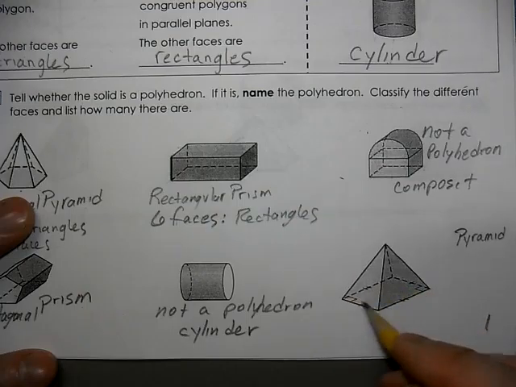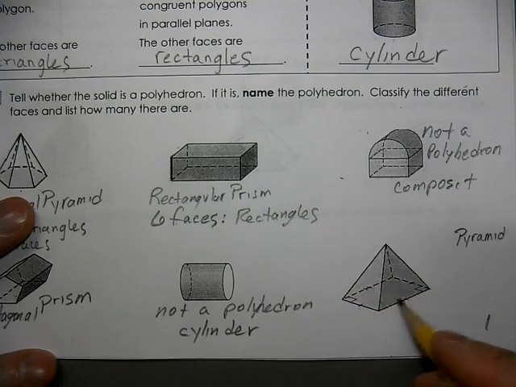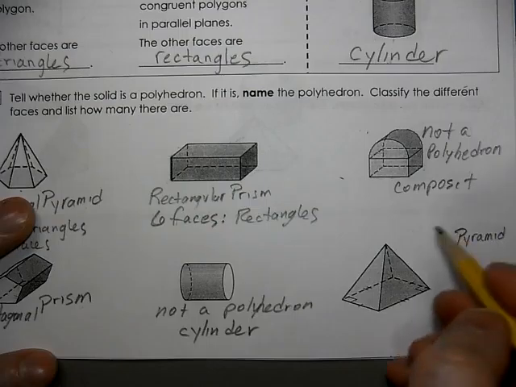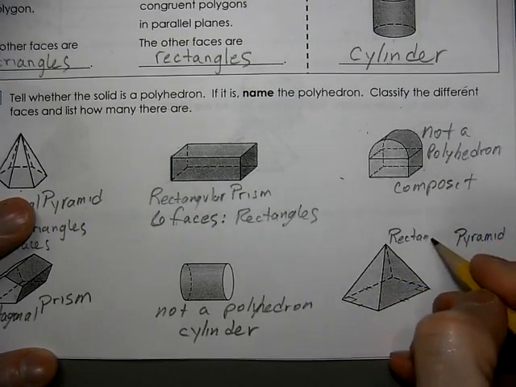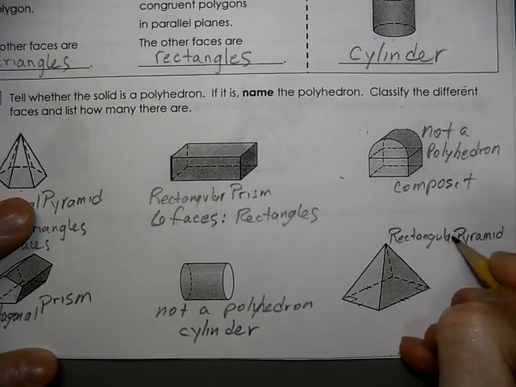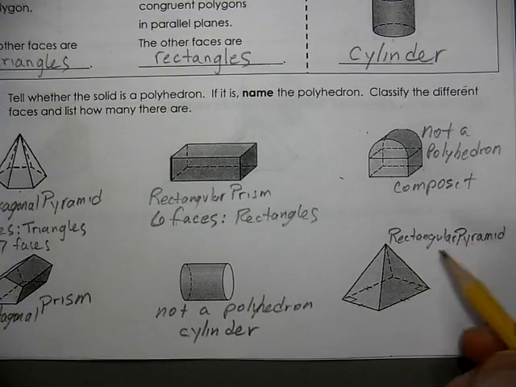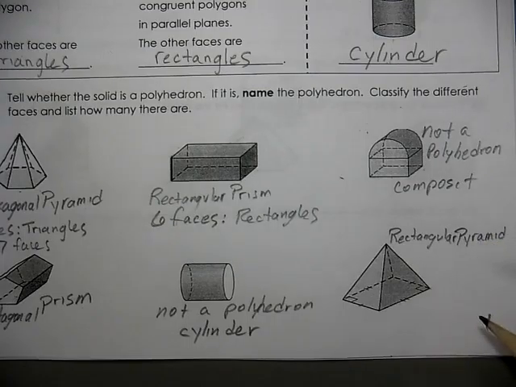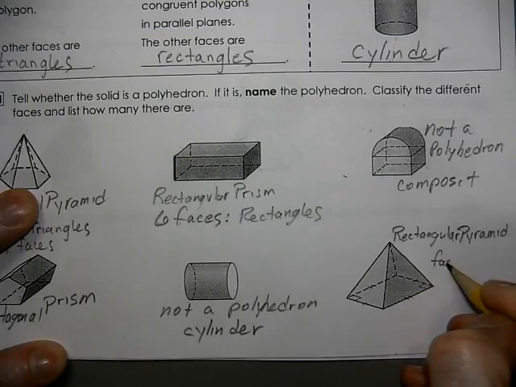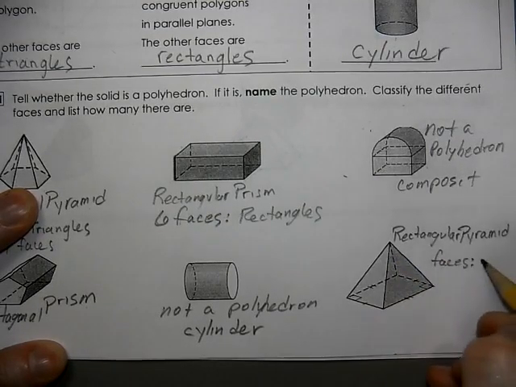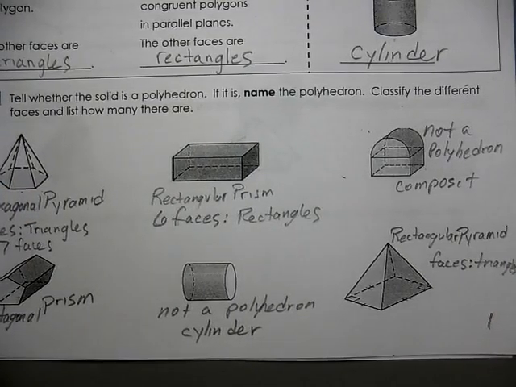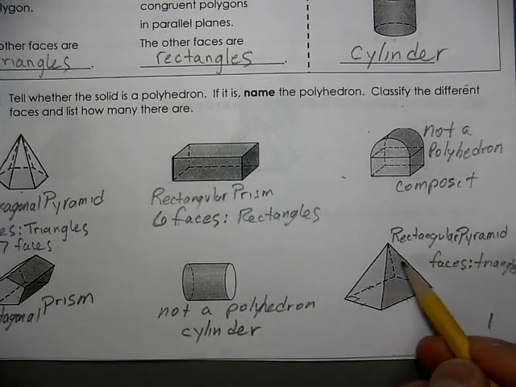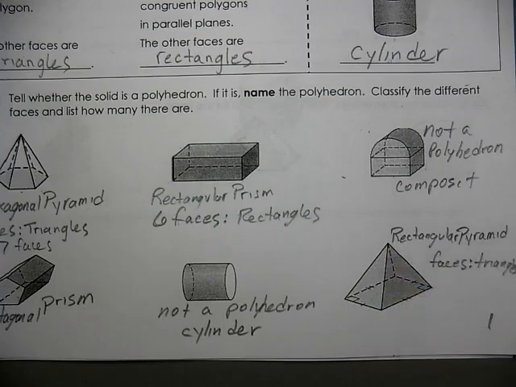And the base has the 4 sides. They're not all the same. So it's a rectangular pyramid. The faces are triangles. These sides that it's made up of are made up of triangles.